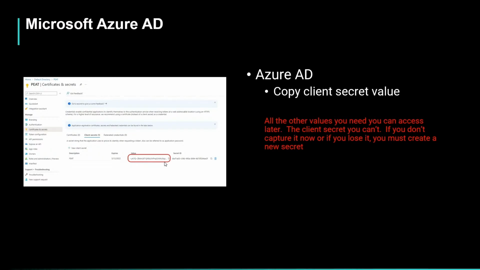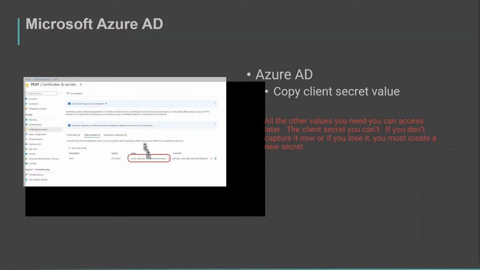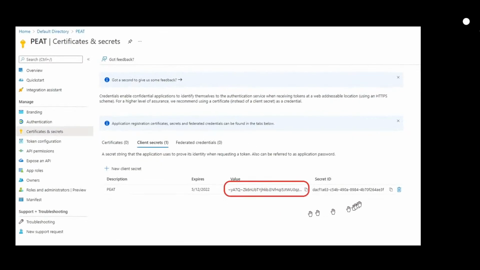If you click off this screen and go back to it, you're not going to be able to see this value, and you're not going to be able to recover it. What you're going to need to do if you do that is end up having to delete that secret and create a new secret, and then update your project accordingly if you had ever used the values.